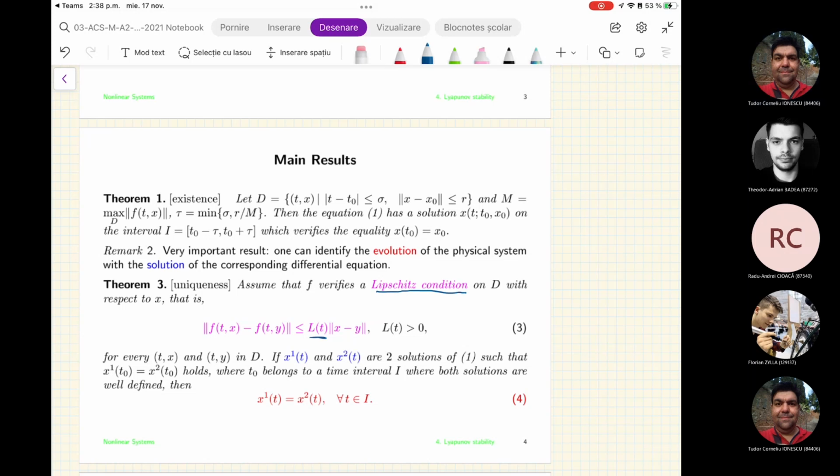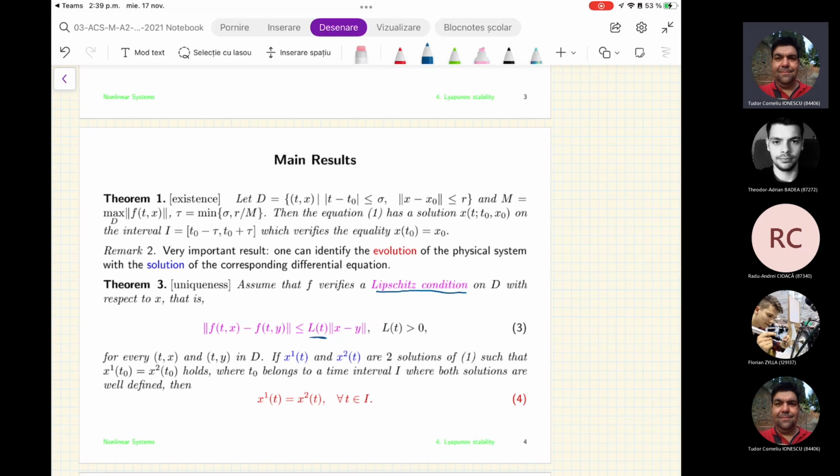So what you see is that the difference between the values of the function is bounded by the distance between the points. That means that the evolution is bounded by this Lipschitz function.